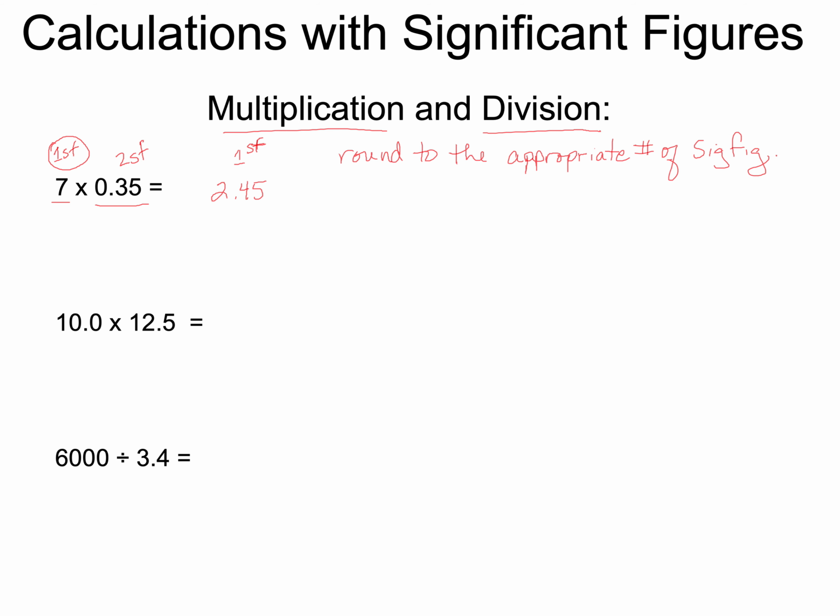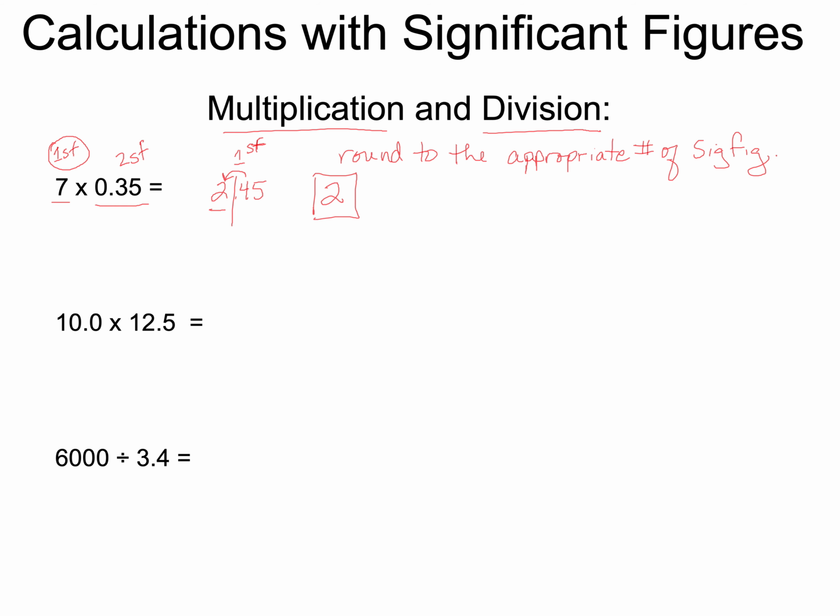I want to go to 1 sig fig, so I start from the left to the right. That means 1 sig fig. So I'm going to use this number to round that number up or down. So it's going to stay as 2. That means 7 times 0.35 is actually 2. That is your answer, 1 sig fig.